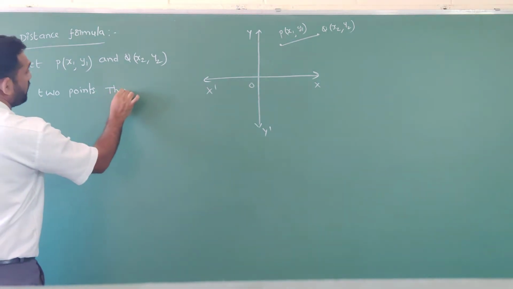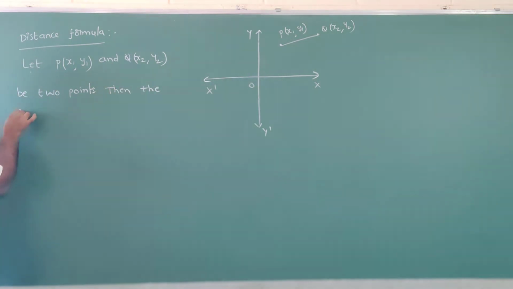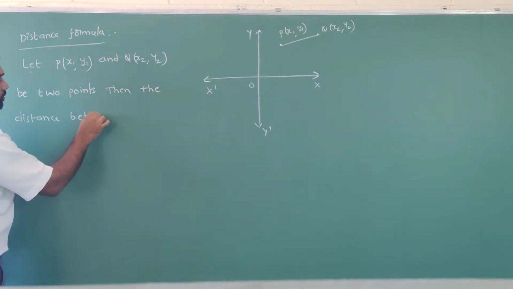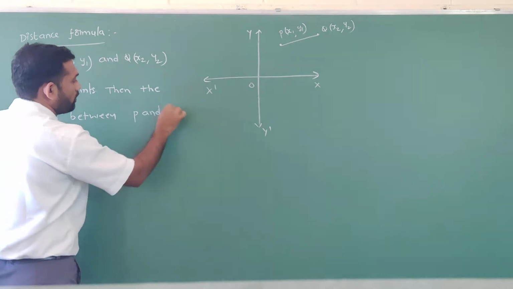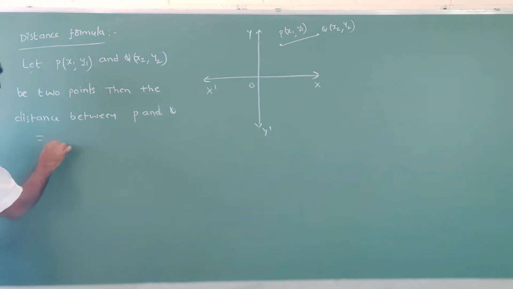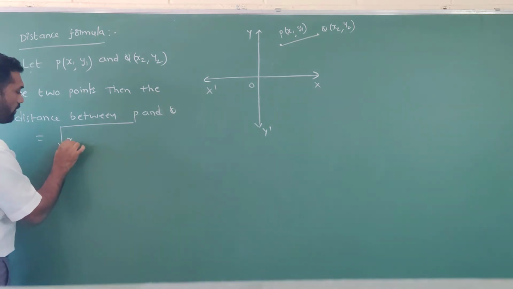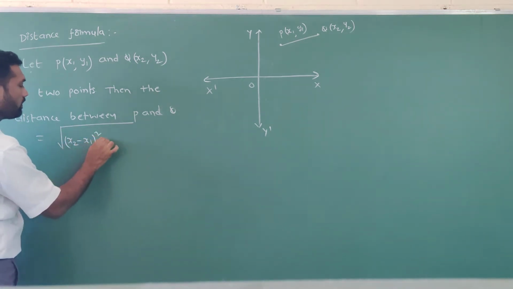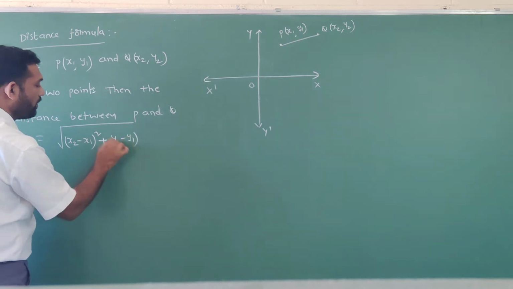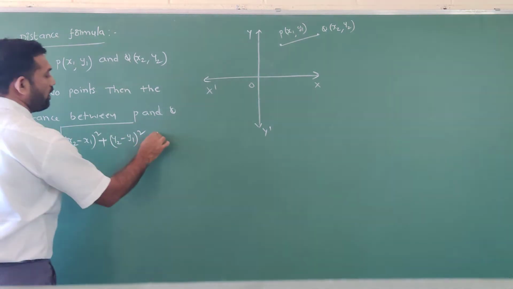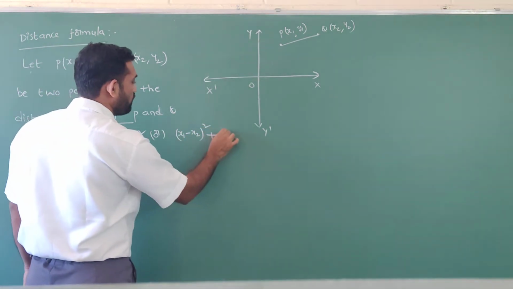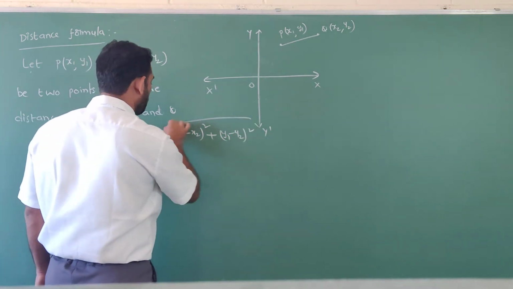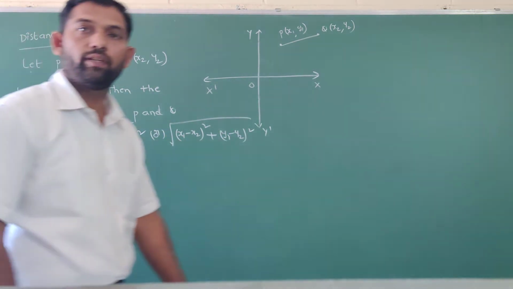Then the distance between P and Q is root over (x2 minus x1) whole square plus (y2 minus y1) whole square, or (x1 minus x2) whole square plus (y1 minus y2) whole square. Both are the same. Distance between two points.